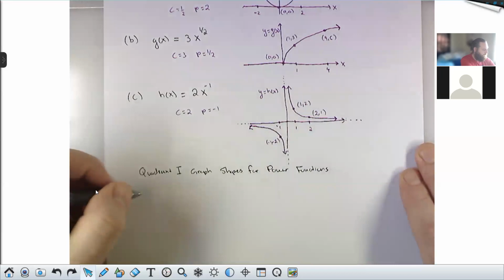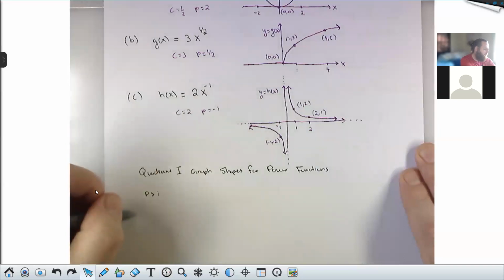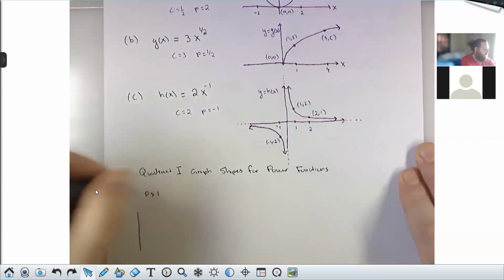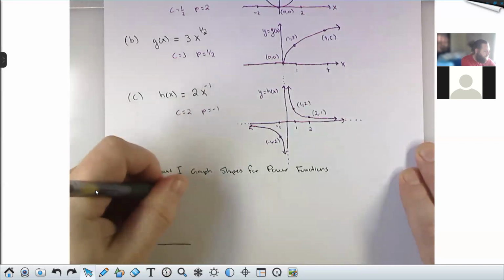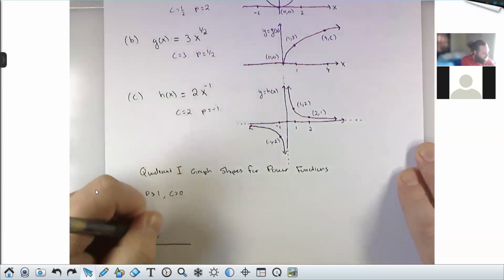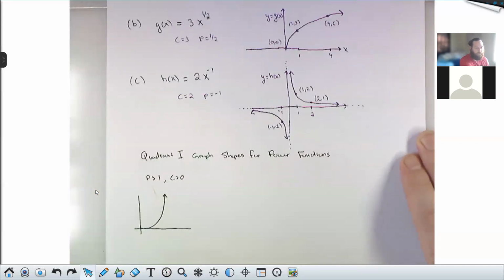Okay. So if the power p is bigger than 1, then, and I am assuming that the constant c here is positive, then the quadrant 1 graph shape will look like this, right? Like that parabola.